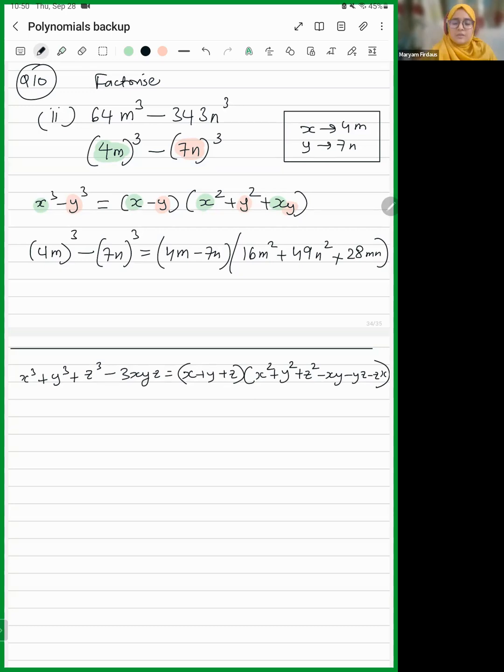If someone asks you to prove or verify this identity, then you just take the right hand side, open the brackets, multiply everything, and you will see that some terms will be cancelling out and you will be getting the left hand side.